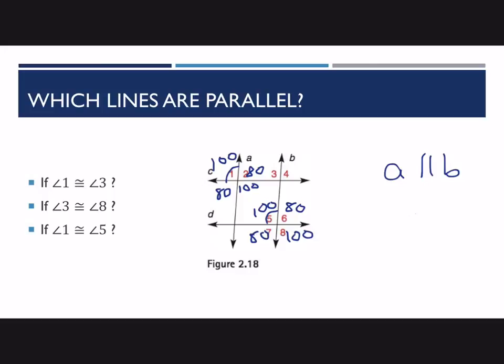So basically we would have to know something about angles 3 or 4, and then we could use this pair of angles to show A and B are parallel, or we could use these 2 pairs to show that C and D are parallel. So when you have diagonal sort of information like this, there is not enough information to show that any of these lines are parallel. Okay, so from this diagram, if 1 and 5 are congruent, we can't show that any lines are parallel.